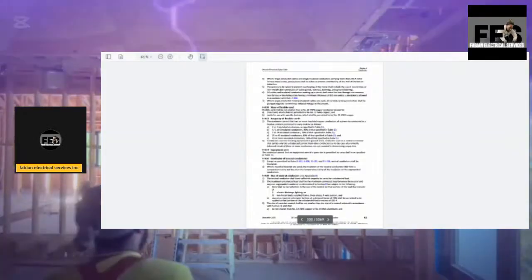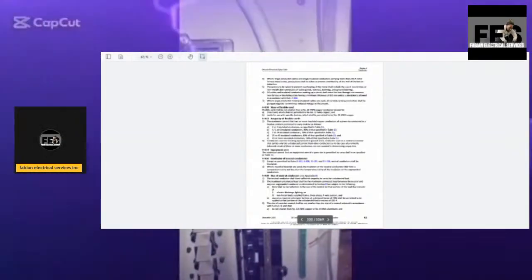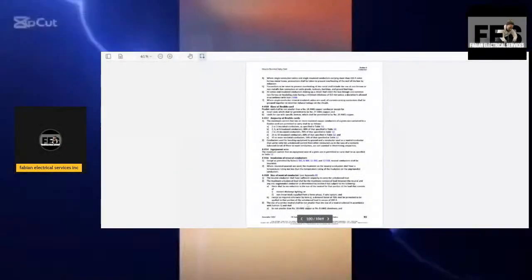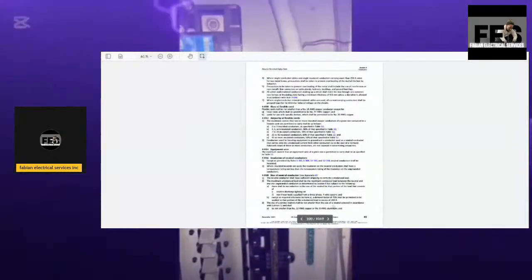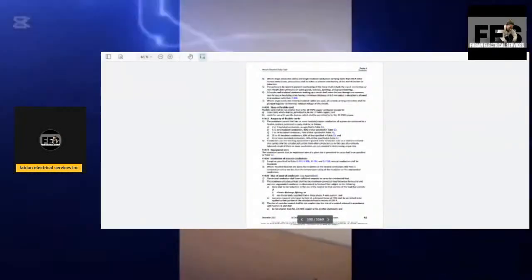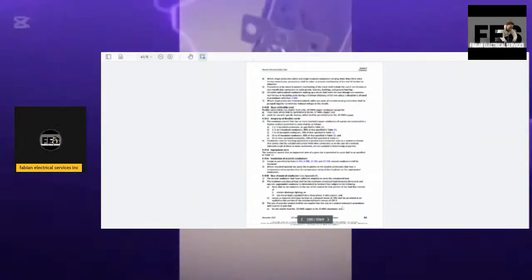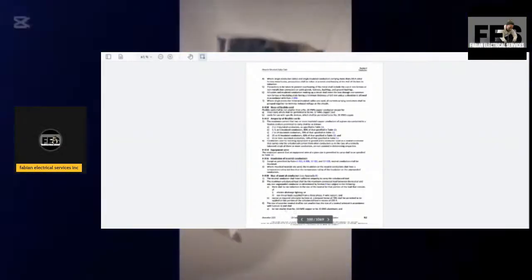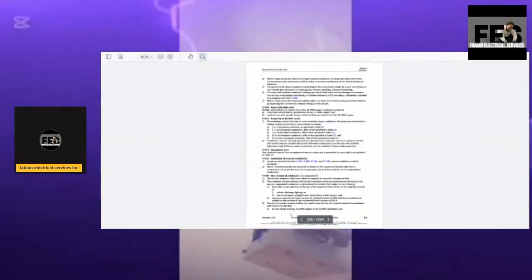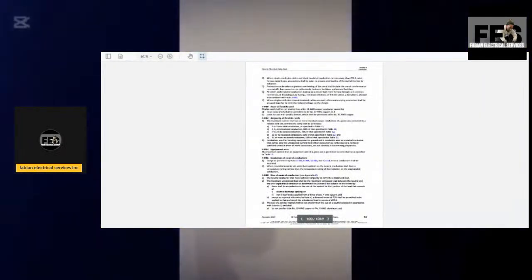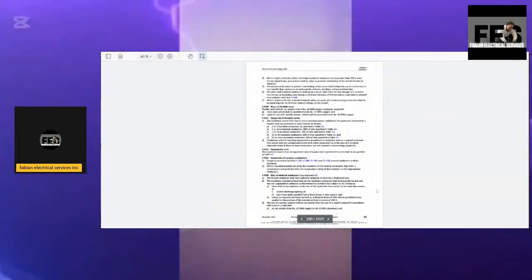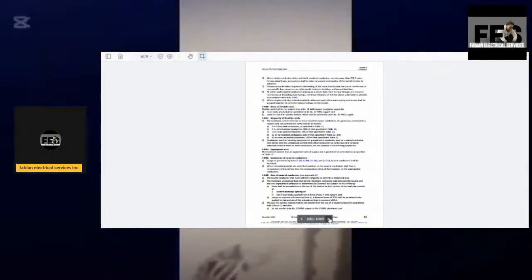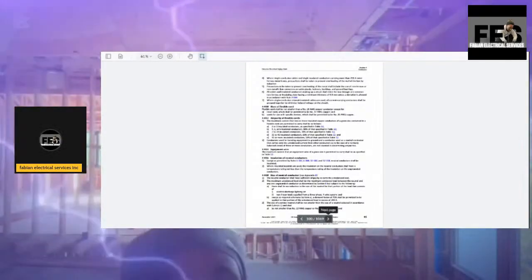So let's read this again. The size of a service neutral shall be not smaller than the size of a neutral selected in accordance with sub-rule 1, and shall be not smaller than number 10 copper or number 8 aluminum. So I'm going to send this forward.